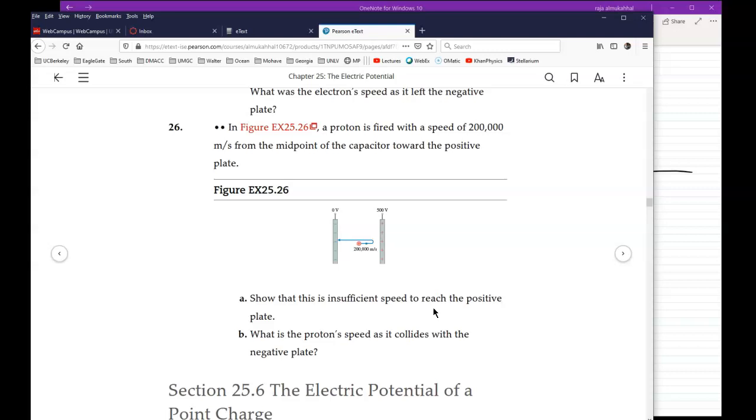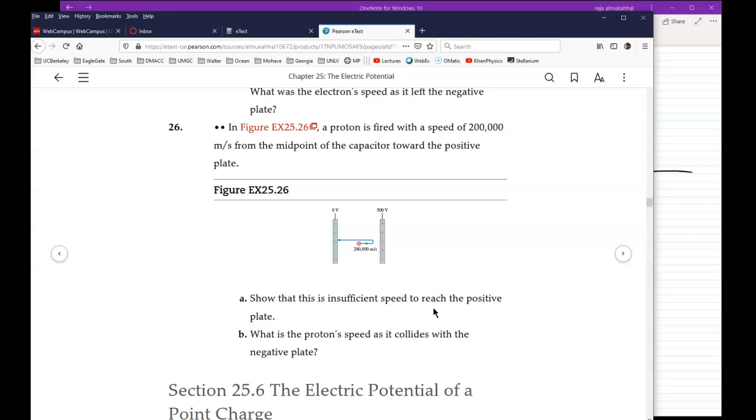In other words, it is similar to having a stone in my hand, standing on the ground, and throwing the stone up in the air, and I want to show that the speed of the stone is not sufficient to escape the gravitational pull of the Earth. That's exactly what you have in there. So basically, the proton is going to reach a certain quote-unquote altitude, and then rebound and fall back to the negative plate. You got that? That's the story that we have here.